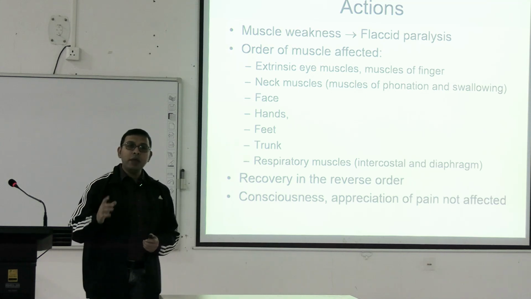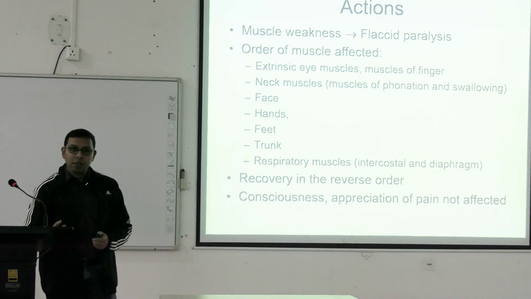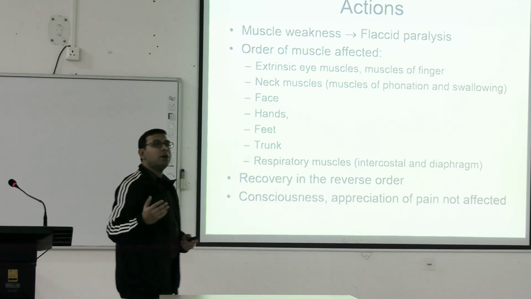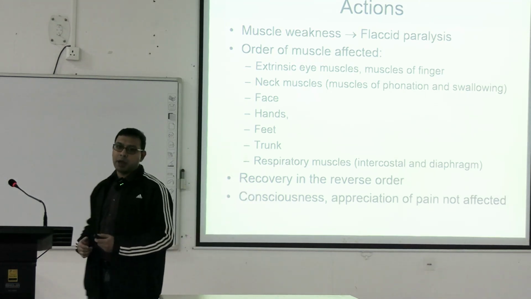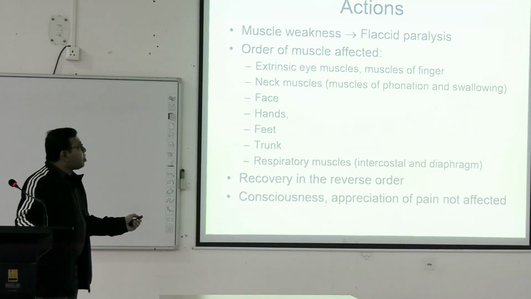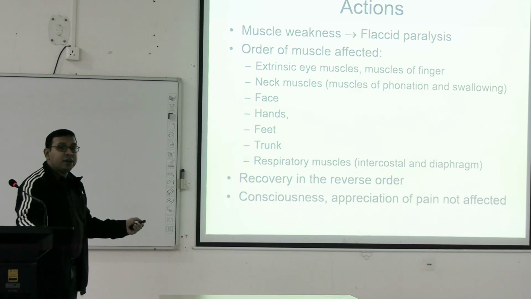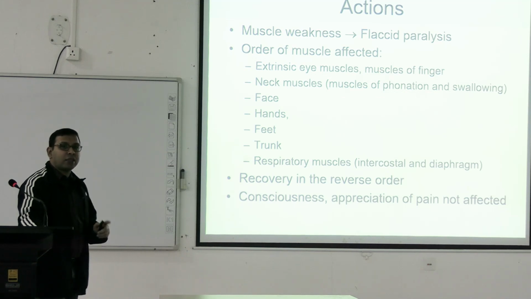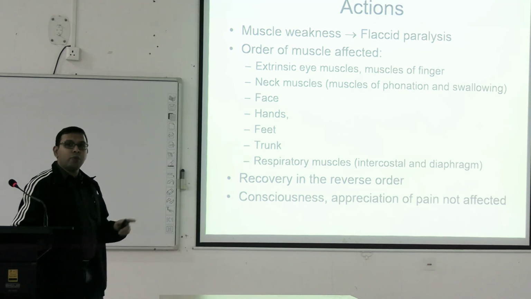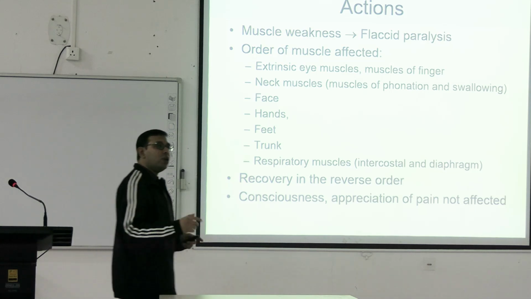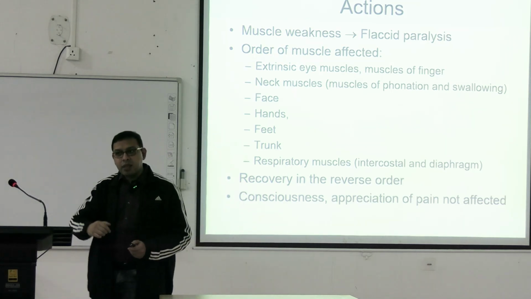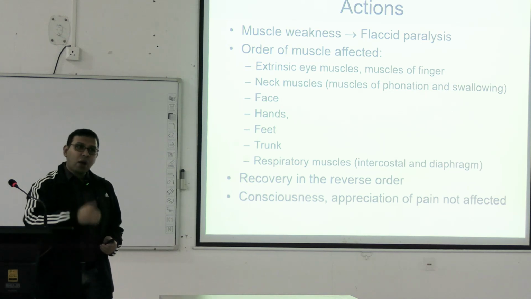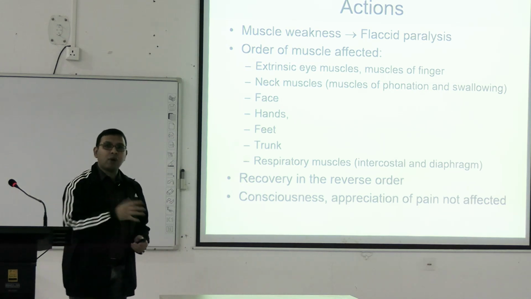If there is a problem, we have to use some drugs, for example neostigmine. The extrinsic eye muscles and the muscles of the finger are the first affected. These two muscles are usually checked while giving anesthesia, to check whether the patient is anesthetized, and after the operation whether the patient is coming out of anesthesia.